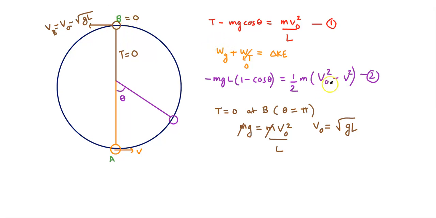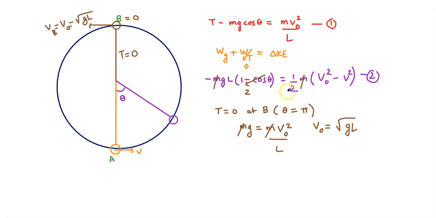Alright, so now that we've found VO, we can actually find V, because theta is known, VO is known, everything else is known, right? So in equation 2, m will cancel, right? Theta is pi, so cos pi is minus 1. So 1 minus minus 1 is 2.